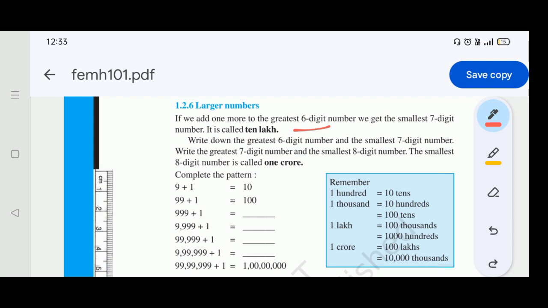So, they have first asked, we have to write the greatest 6-digit number. It is nothing but 9,99,999.